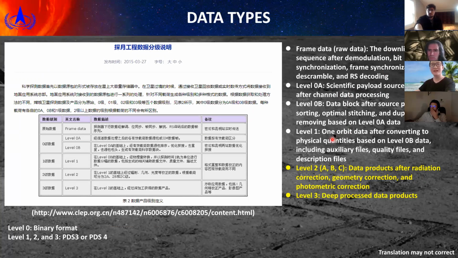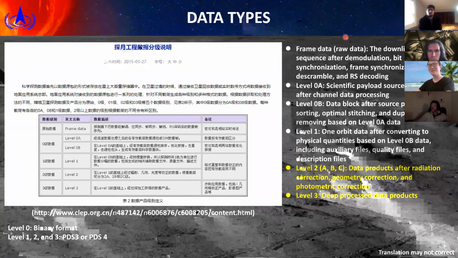For scientists in China, most of the time we get level 1 and level 2 data when we do our research. We don't get level 0 or raw data because we also don't know how to process them. The engineers or the payload producer take this responsibility.